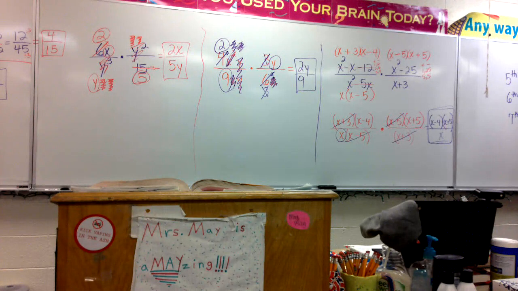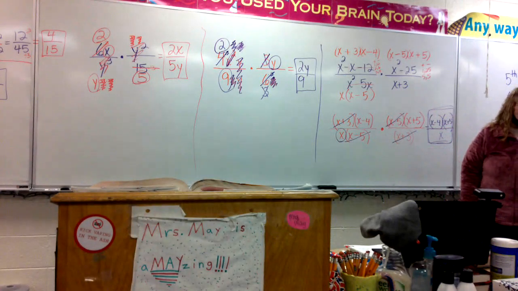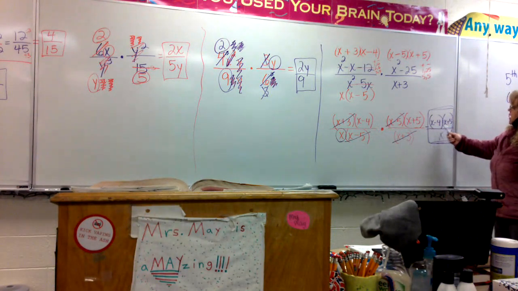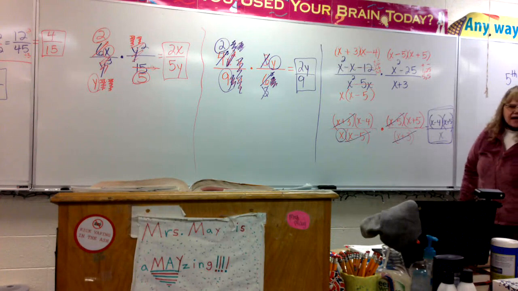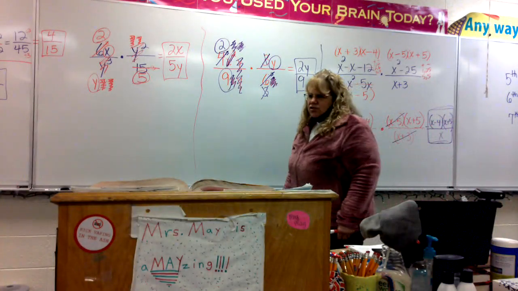So really, when it says multiplying, we're not really doing a whole lot of multiplying. We're doing factoring and canceling, mostly. At the end, it's sort of multiply, but we don't actually have to multiply that out. So it's factoring and canceling. Does that make sense? Do you have questions?